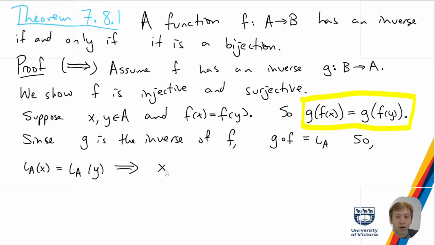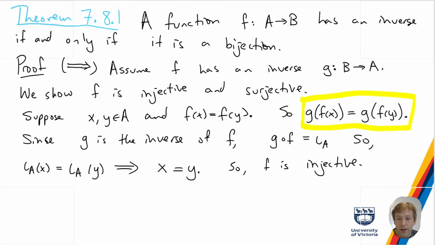So therefore, x is equal to y, because the property of the identity function is that it maps every element of A to itself. So if I take the identity function applied to x, I get x. If I apply the identity function to y, I just get y. Okay, so f is injective.